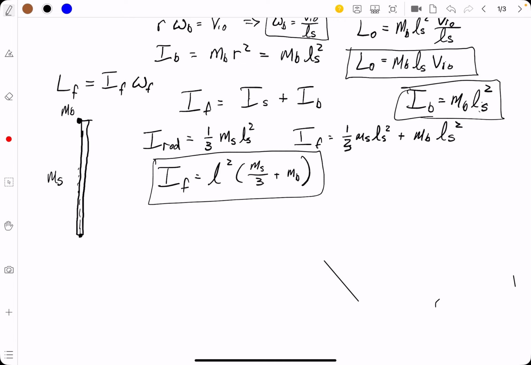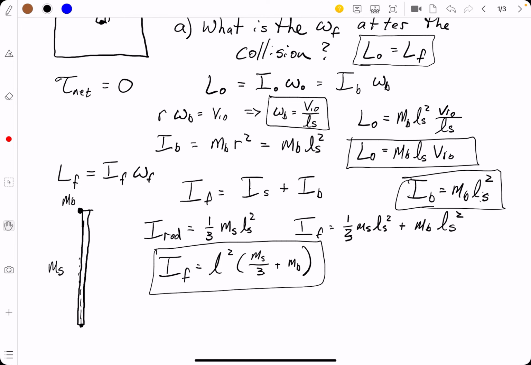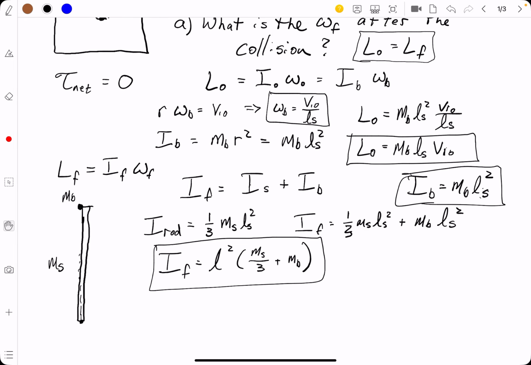All of those things are numbers, right? So that gives us a number. So now we can go back in and solve for omega final, okay?